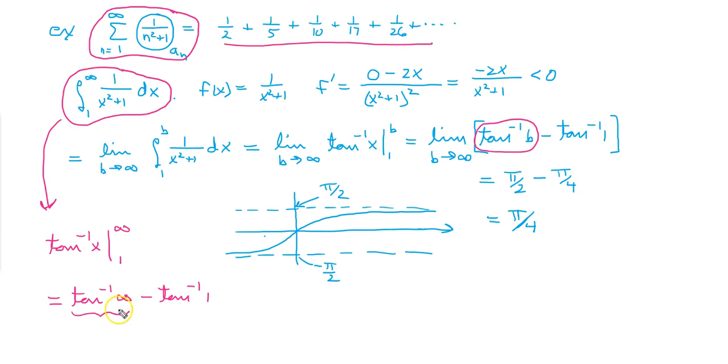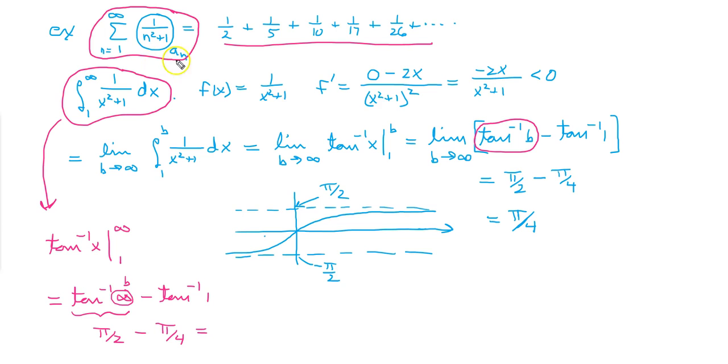Well, we interpret that as being pi over 2, because if we think of this value as b and let it slide towards infinity, this quantity is approaching pi over 2, so we get pi over 2 minus pi over 4, and this quantity exists. So you can do this instead of writing out the limit as b goes to infinity. You could do it in a little quicker way like this if you want to.